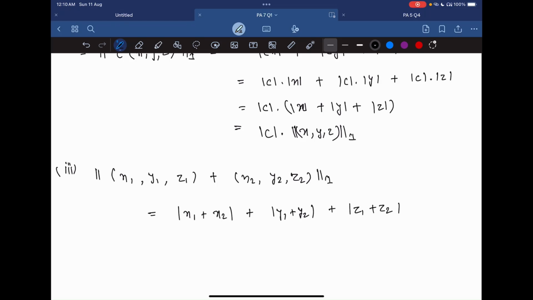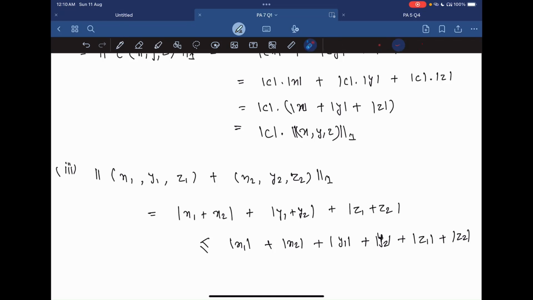And we know that this quantity would always be less than or equal to the individual sum of the elements, that is mod of x1 plus mod of x2 plus mod of y1 plus mod of y2 plus mod of z1 plus mod of z2.